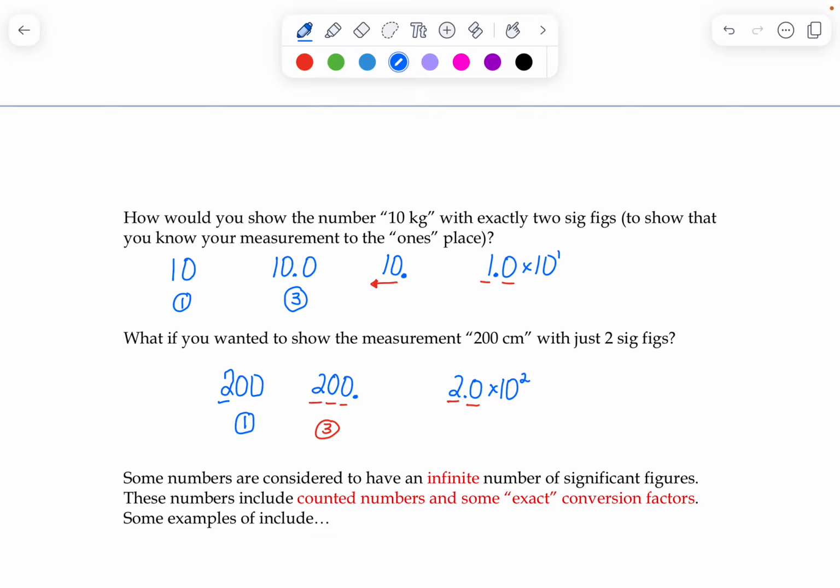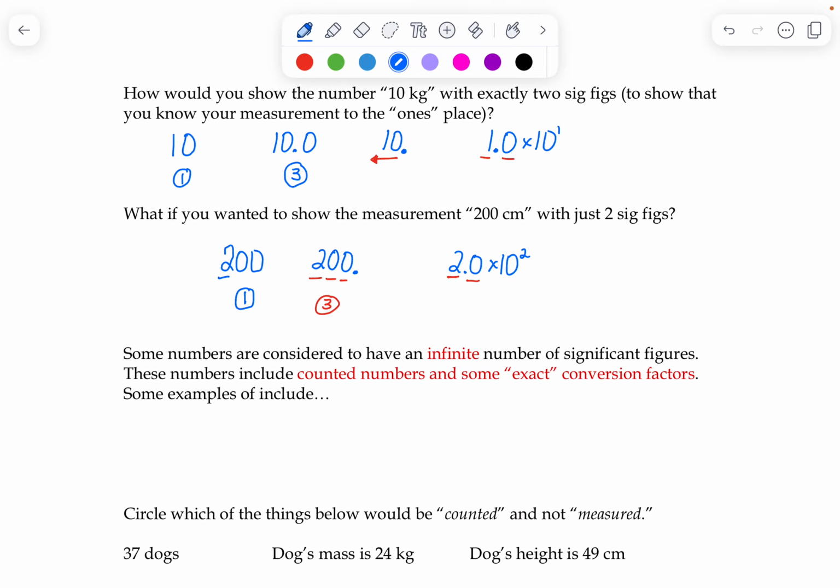Now, some numbers are considered to have infinite sig figs. These are if your objects are being counted or if you have conversion factors. So an example of a counted number, there are 26 AP chemistry students in a classroom.